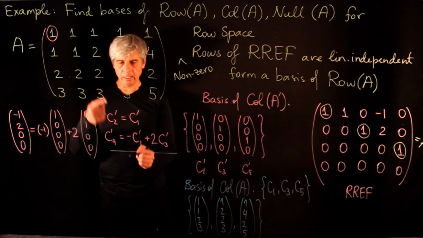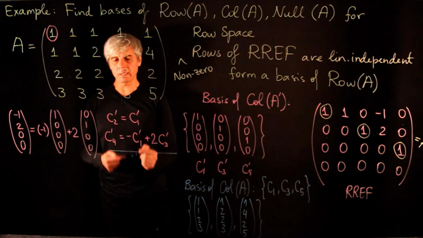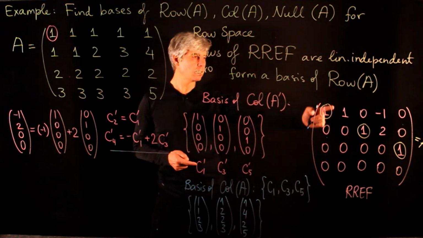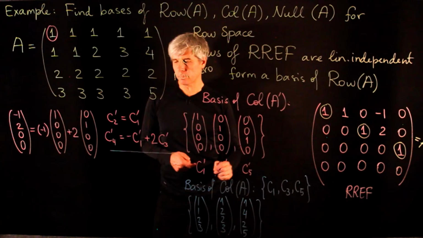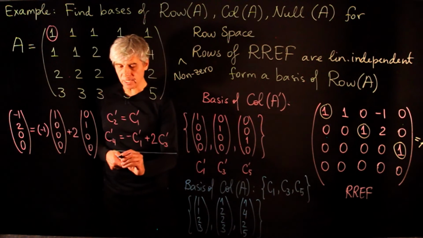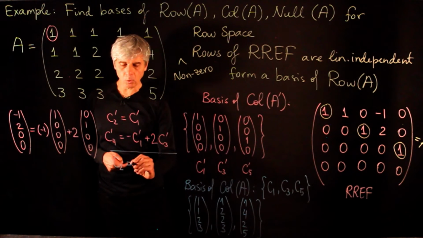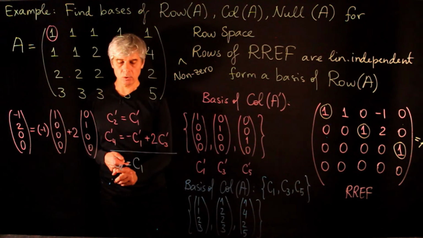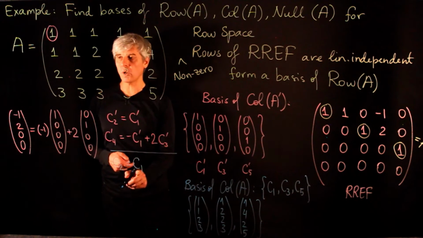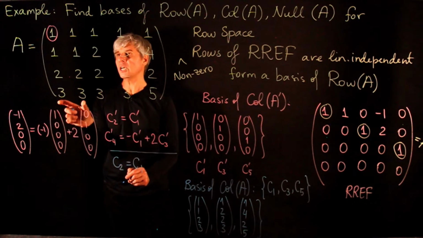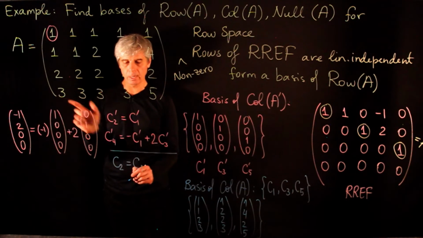So here we had this linear dependency. We said that in this reduced form, column number 1 was equal to column number 2. So our theorem predicts that the same relation holds for the original matrix, so that column number 2 in the original matrix is equal to column number 1 in the original matrix. We check and we see that this is true.